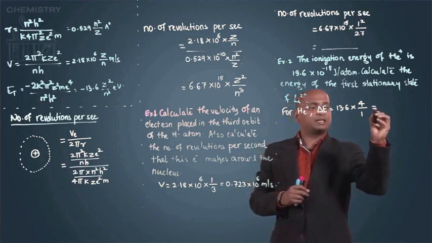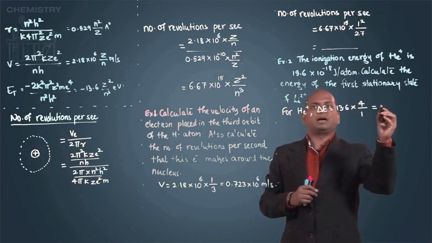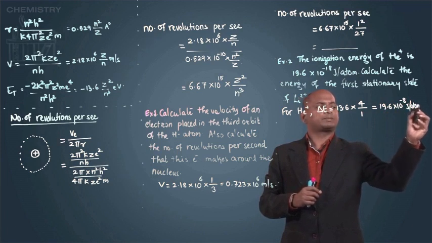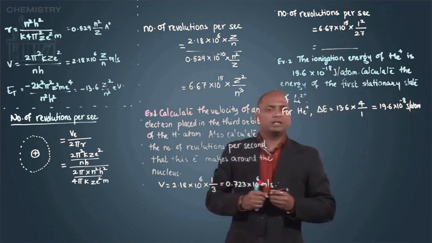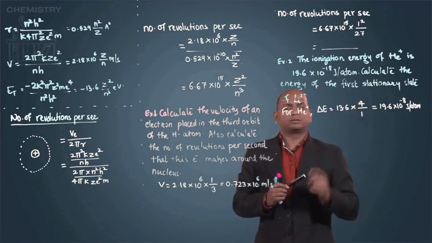And that is equal to how much? This is in electron volts I am talking about. So I can directly take it as 19.6 into 10 raised to minus 18 joule per atom.